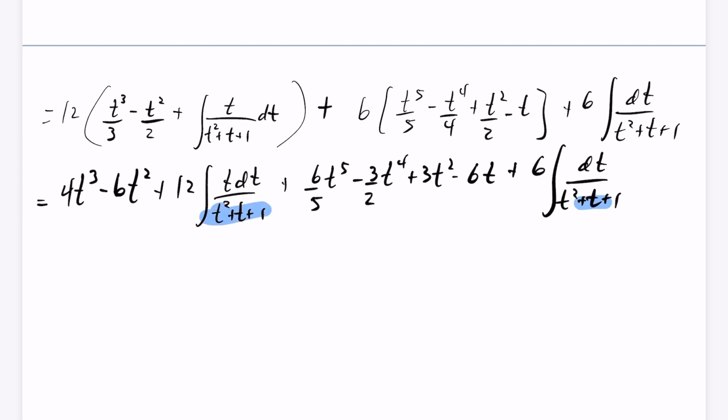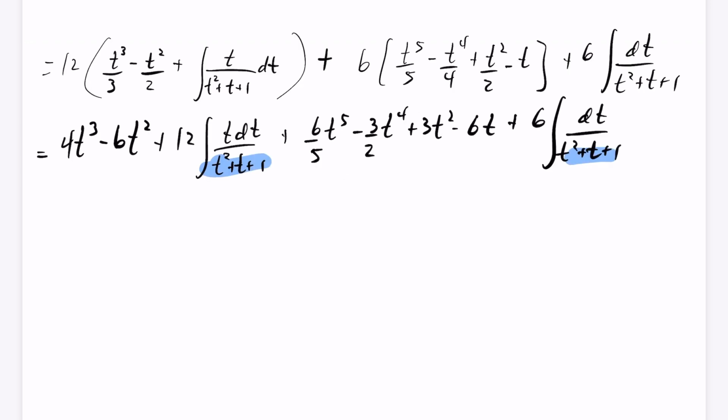These are the same. So I can put these together and start collecting some like terms here. So I don't know if I have any like terms. If I take a look at 4t cubed, I do not have any other t cubed, so that's on its own. I have a minus 6t squared I can combine with 3t squared.